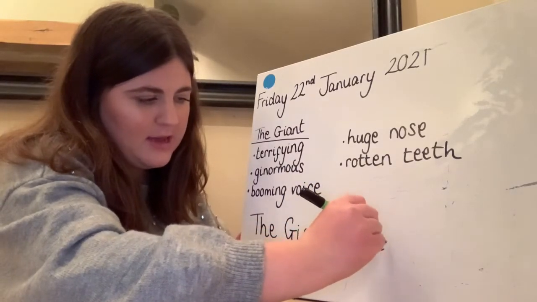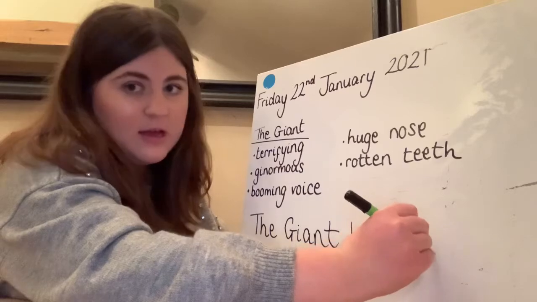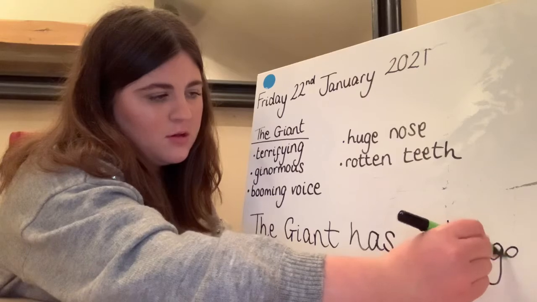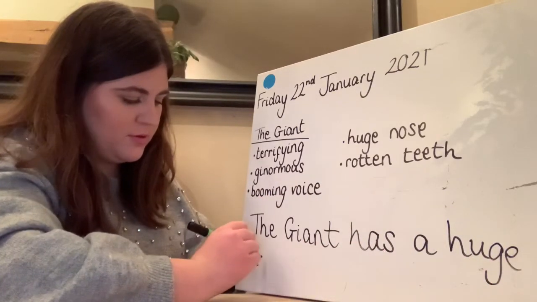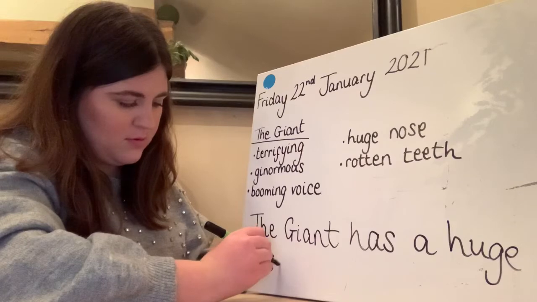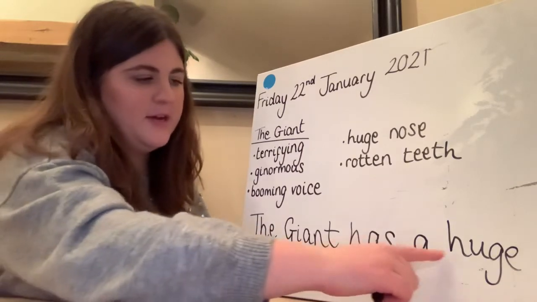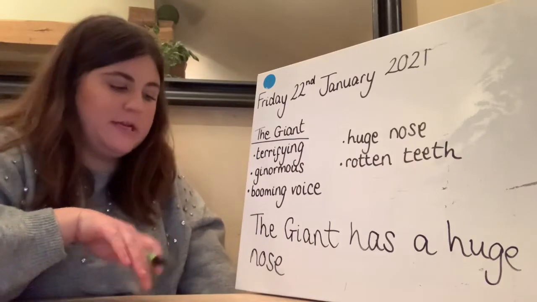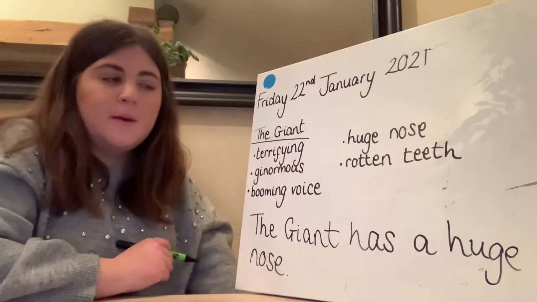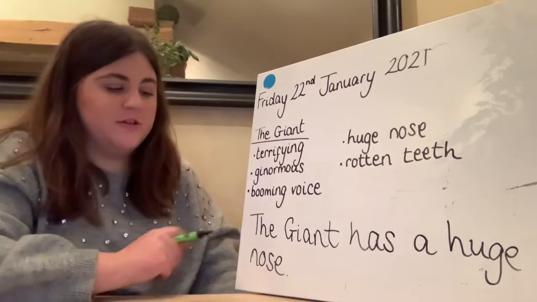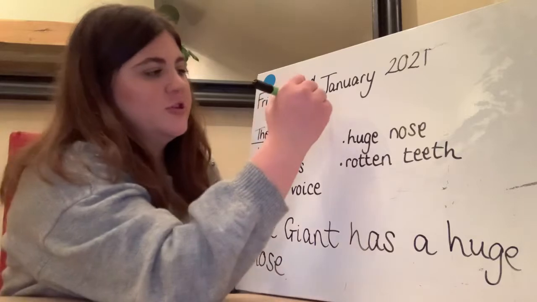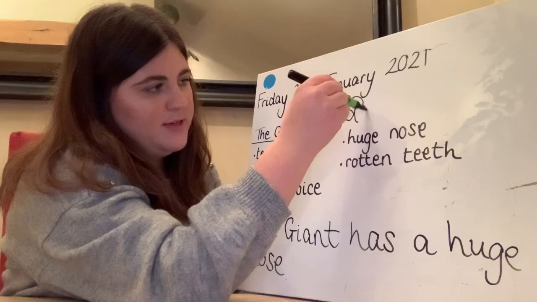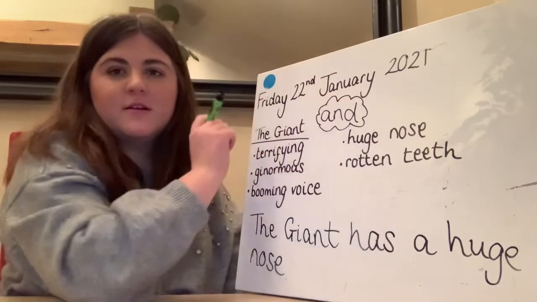The giant has a huge nose. Now I could leave my sentence here and I could put a full stop, but I'm going to add a conjunction. I am going to use the conjunction, and if I write it on here you can have a go at reading it. This word here.